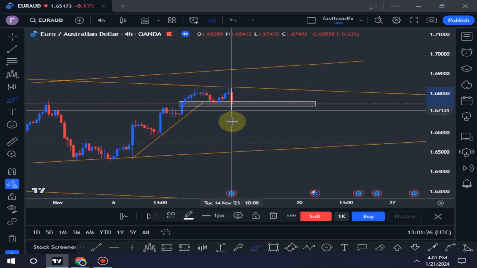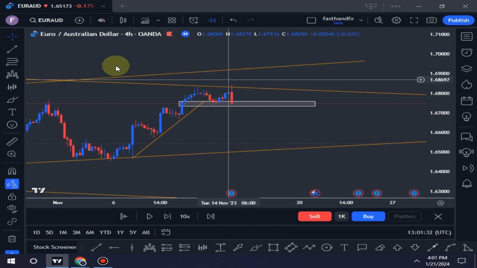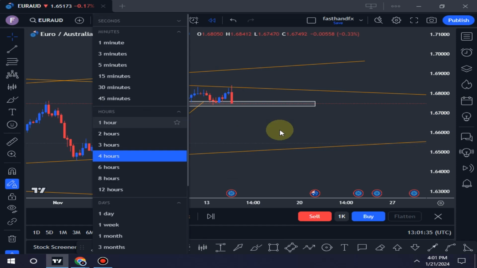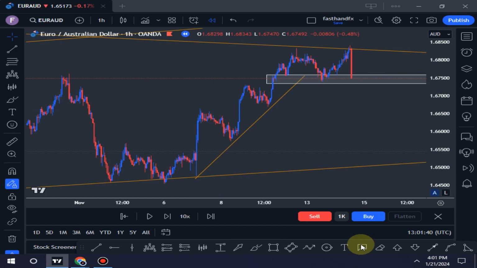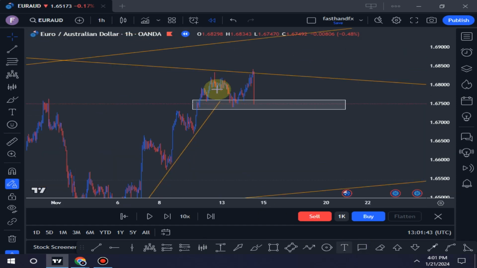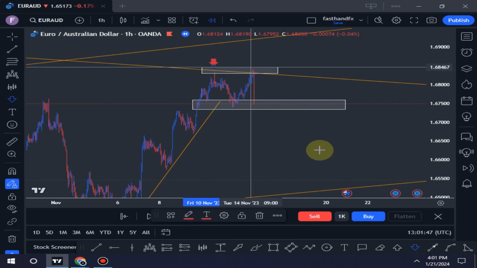This is just an impulse, so we should expect a correction. This is the 4-hour, guys, and this is just an impulse. So we need a correction for us to confirm and take a good sell position. But now we are seeing a reversal. This is a double top right there.